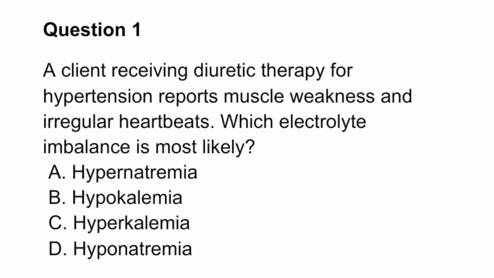Question 1. A client receiving diuretic therapy for hypertension reports muscle weakness and irregular heartbeats. Which electrolyte imbalance is most likely? A. Hypernatremia, B. Hypokalemia, C. Hyperkalemia, D. Hyponatremia.